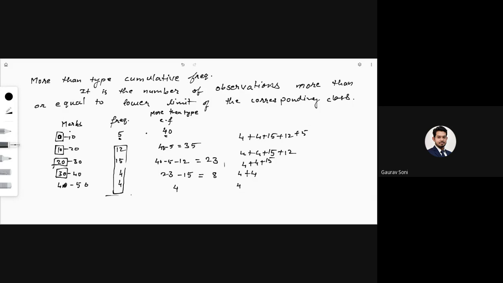All the students have scored more than 0 marks. Now, how many students have scored more than 10 marks? Only 10 to 20 and 20 to 30? Only these many students have scored more than 10 marks? 35.